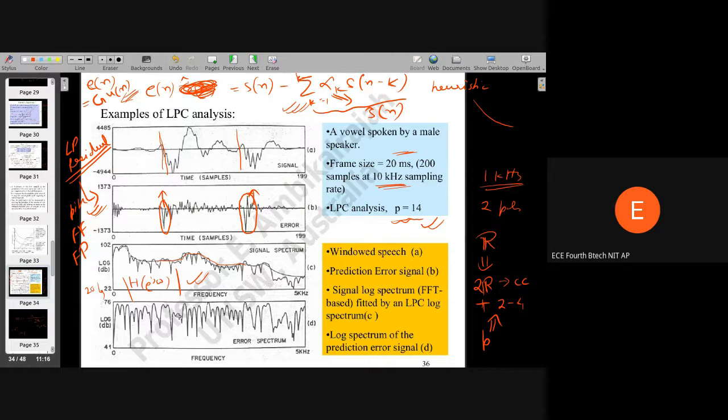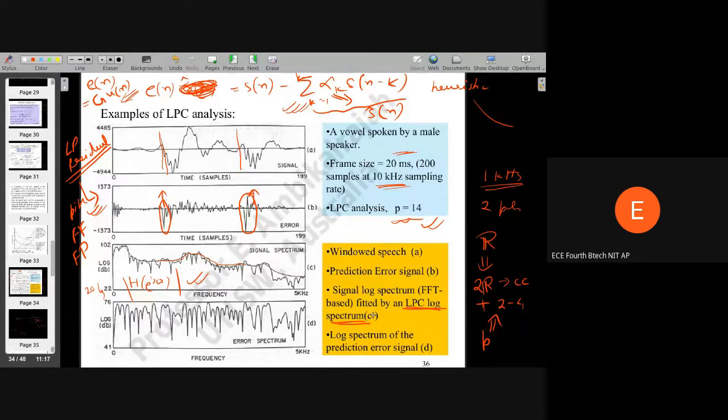You can see it is providing the spectral envelope of the speech signal, and from this LPC spectrum we get the estimate of the vocal tract system, the estimate of the voice production system.